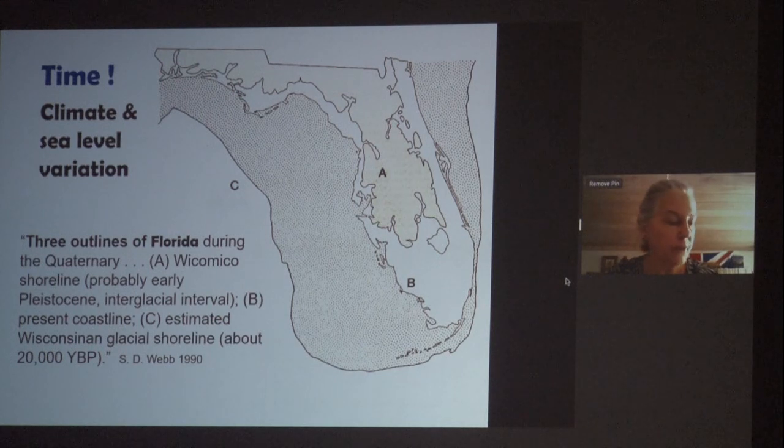David Webb commented on this in terms of the biota and noted that the complex history of changes in size and shape as a result of these Cenozoic sea level cycles has frequently shaken up the biota. And on a broader scale, I'll bring in another quote from Delcourt and Delcourt.